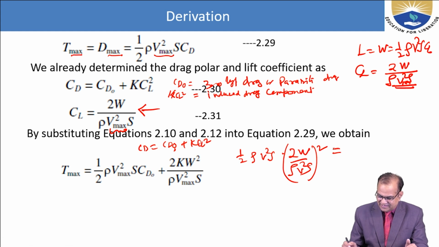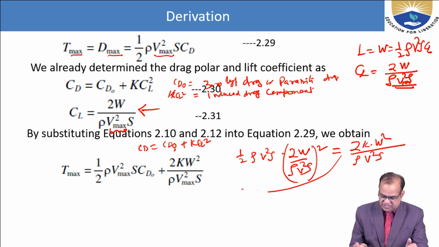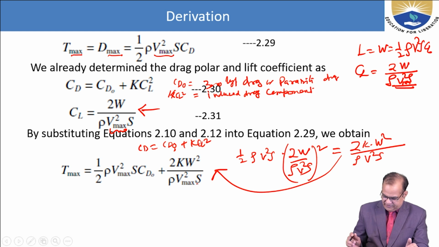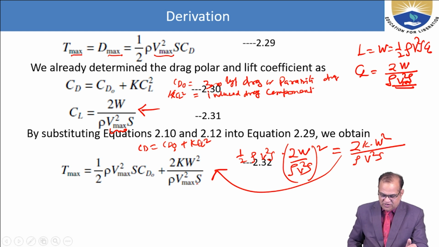So what will we get? The rho V square terms cancel, and we will get 2K W square divided by rho V square S. So we put this here and you will get this value.